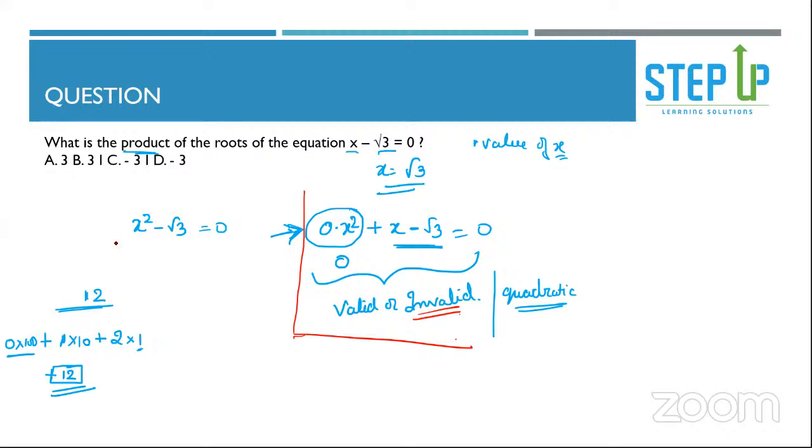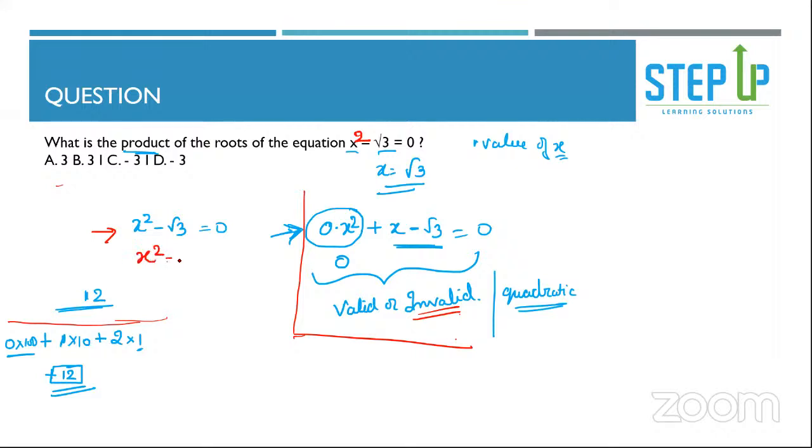Now coming to this, what's your answer? If I take x square minus root 3, what would my answer be now? You can, but what would your answer be? Anyone else? My answer will be minus 3. Why?